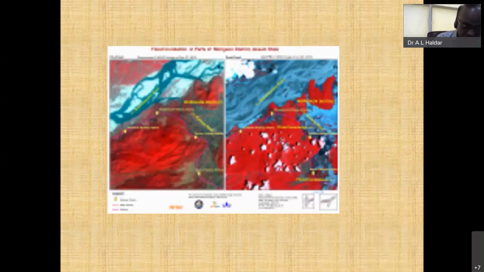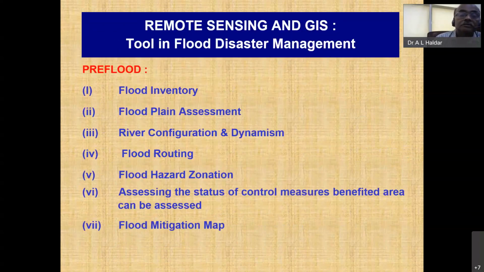So this was optical satellite data, one area. So what should you do before the flood? You should prepare the inventory and floodplain assessment. Obviously, if you are doing floodplain assessment, it means you should be free of flood so that no flood takes place. But unfortunately, we are not in that condition.